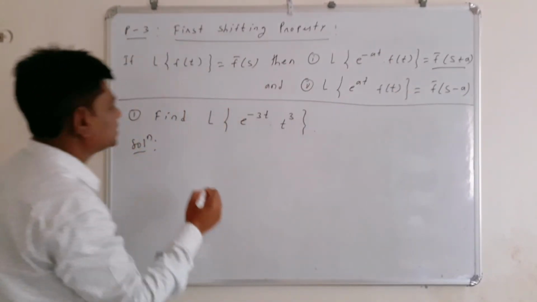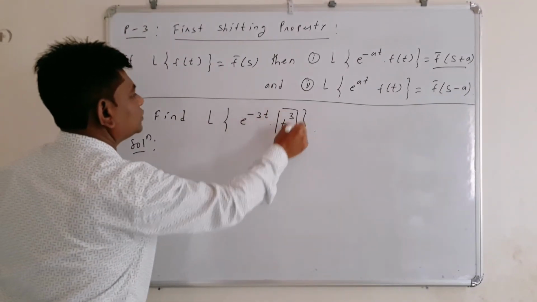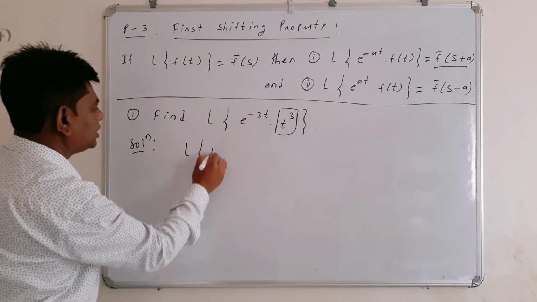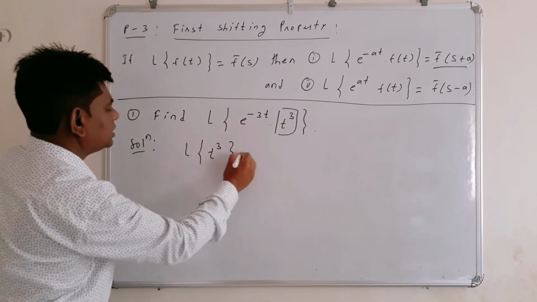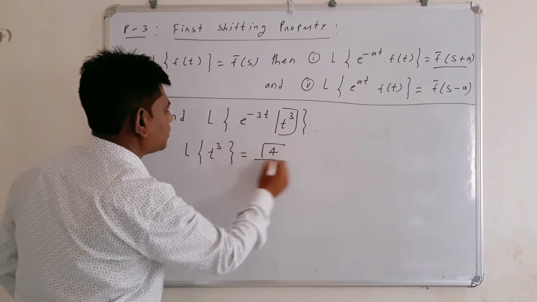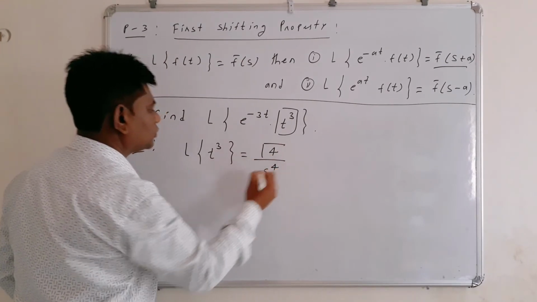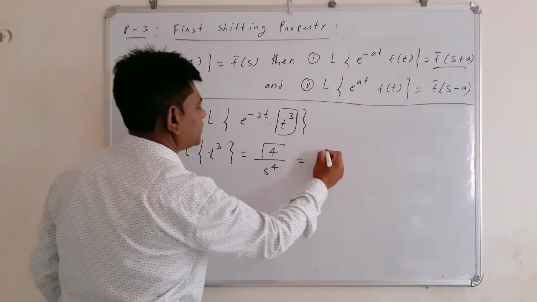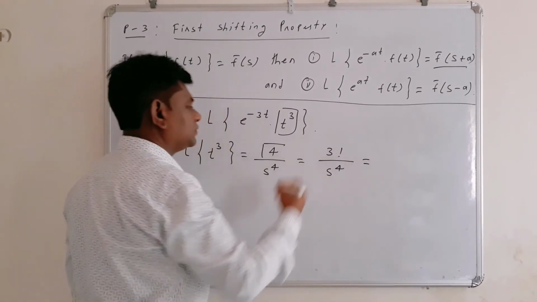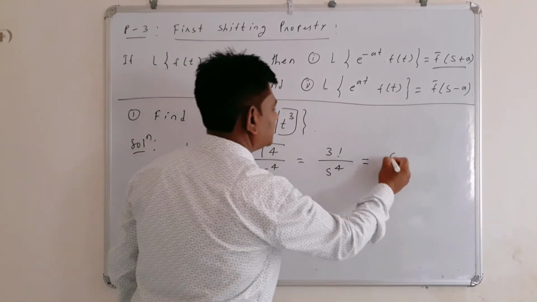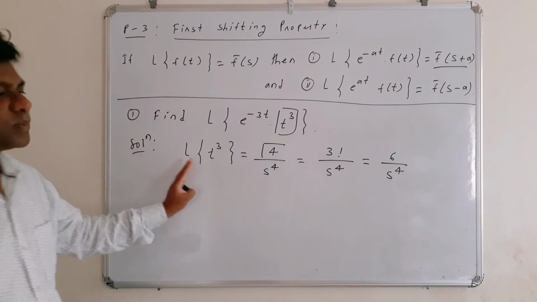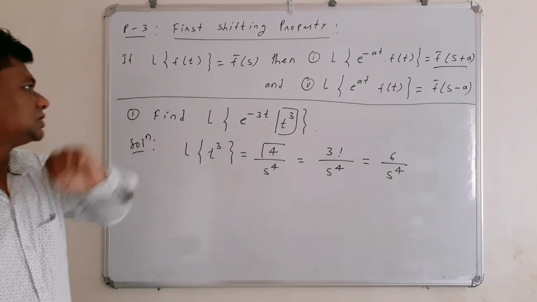Here f of t is t to the power 3. Now Laplace transform of t to the power 3 is equal to gamma 4 upon s to the power 4. Now gamma 4 is 3 factorial upon s to the power 4, and 3 factorial is 6, so 6 upon s to the power 4. So this is the Laplace transform of t to the power 3.